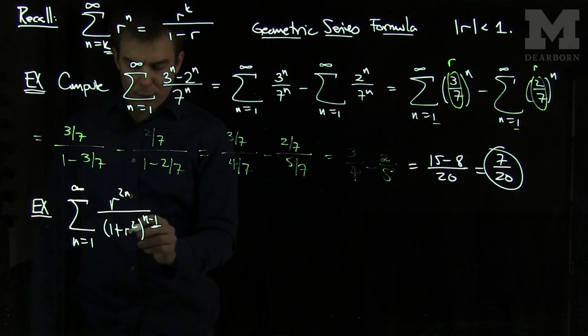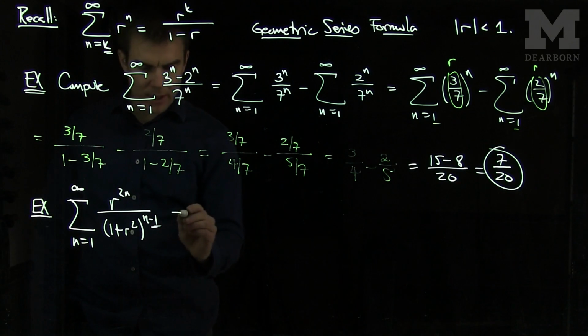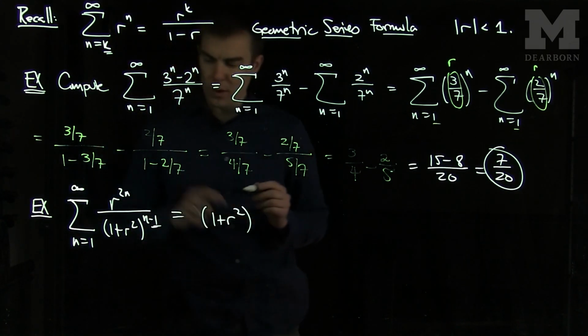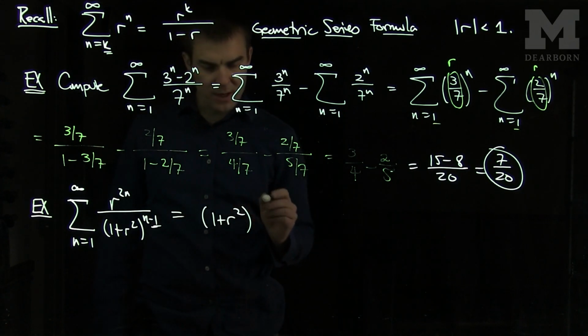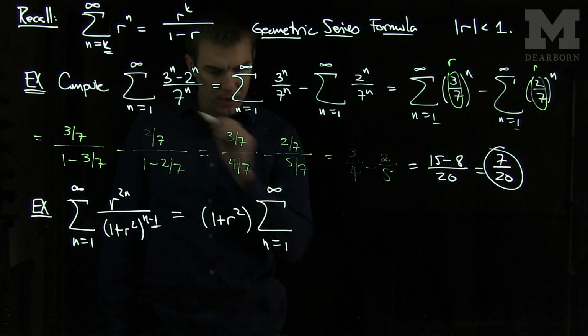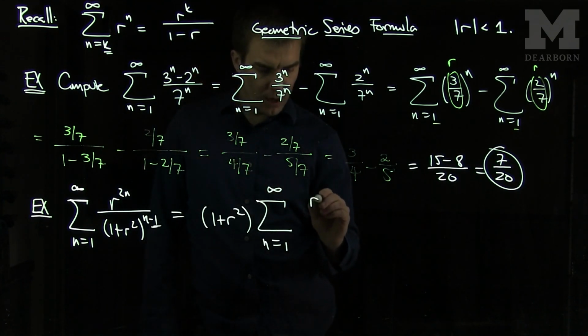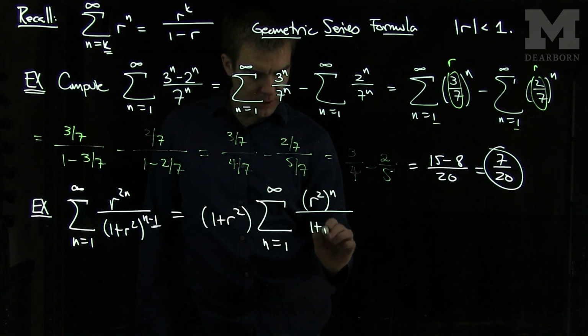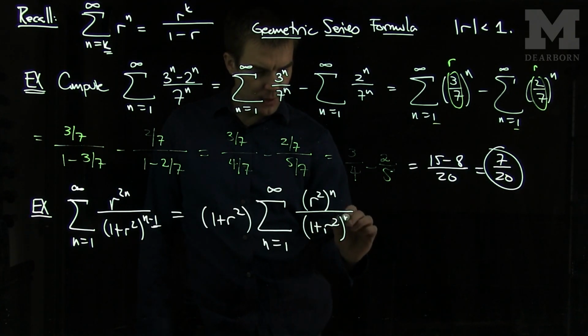So I have 1 plus r squared to the -1 in the denominator, which means we can pull out a factor of 1 plus r squared. Then we have the sum, n goes from 1 to infinity, of r squared to the n over 1 plus r squared to the n.